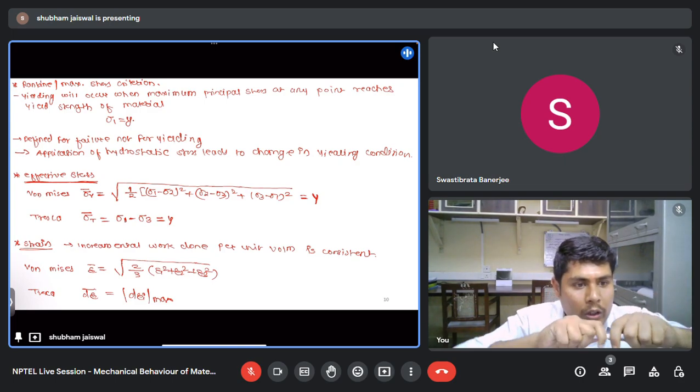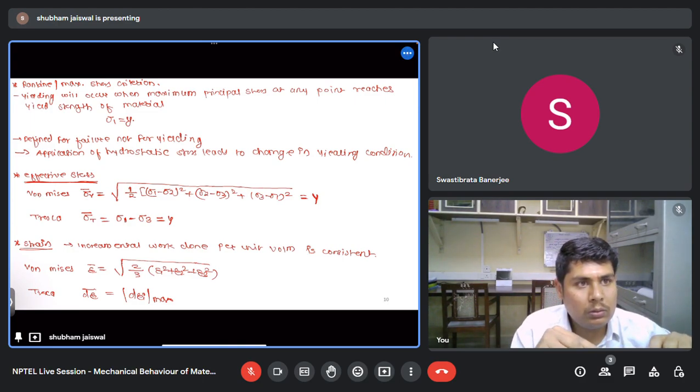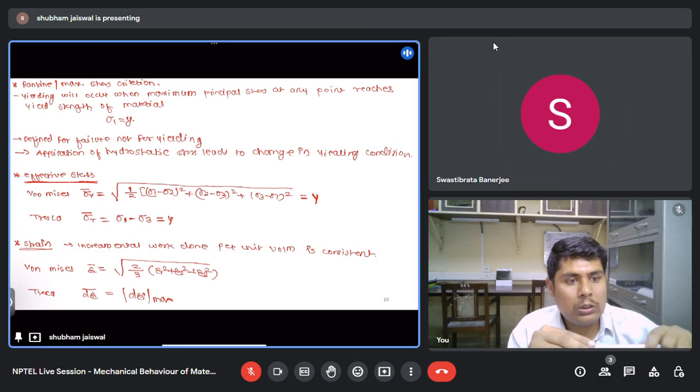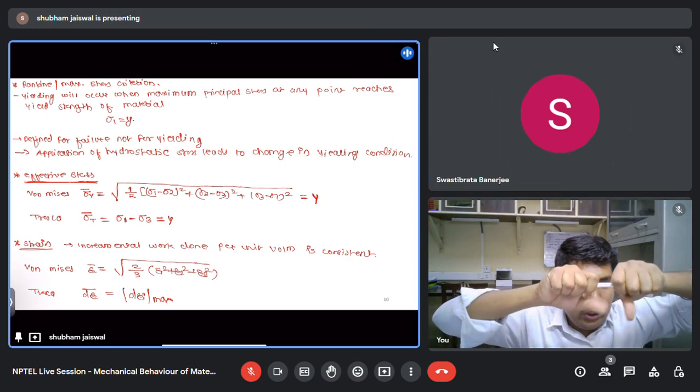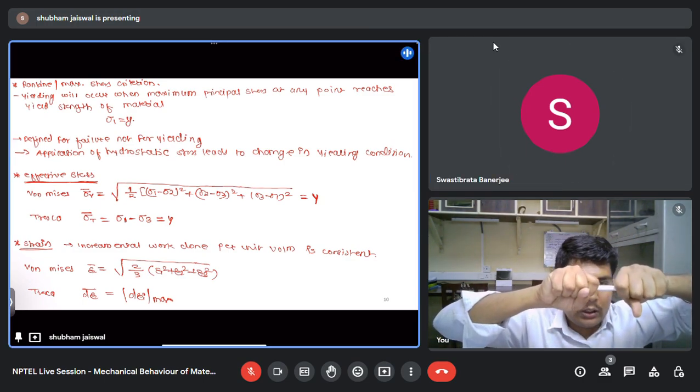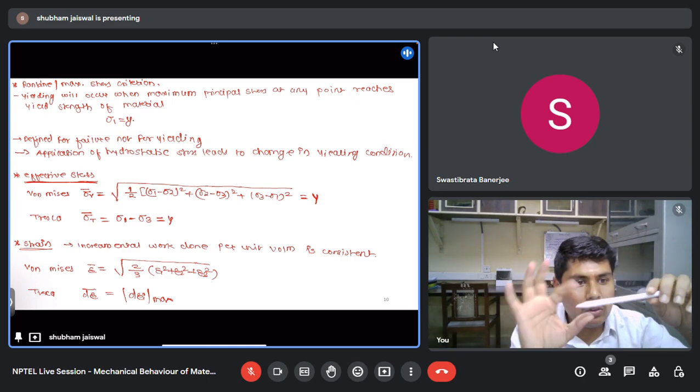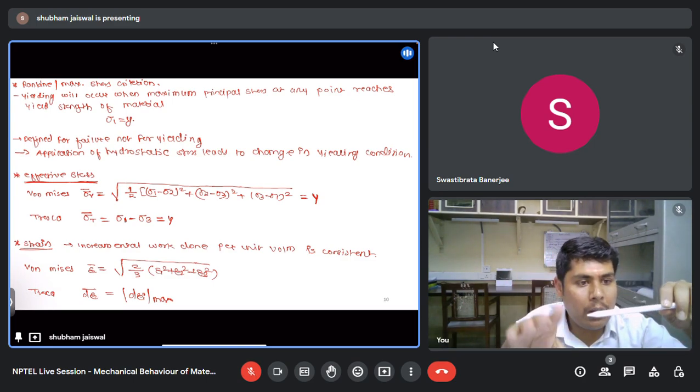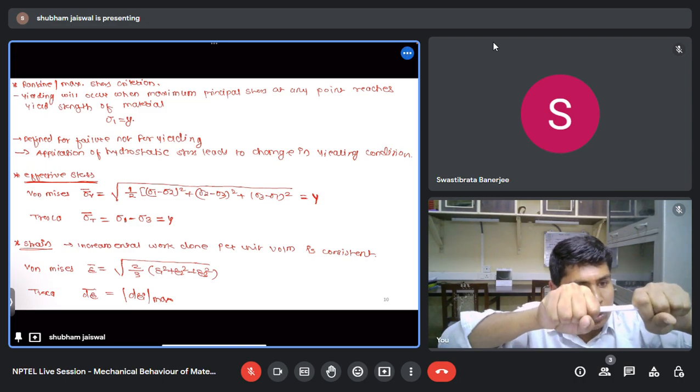Because only in one direction I am pulling it. Is it not? Yes, sir. Okay. So now I am pulling with the same force. Suppose the strength of this pencil is 100 MPa and I am applying 120 MPa. So it should yield.